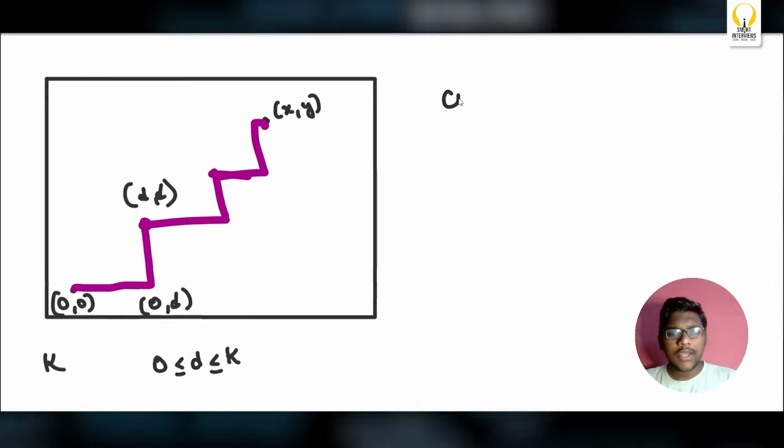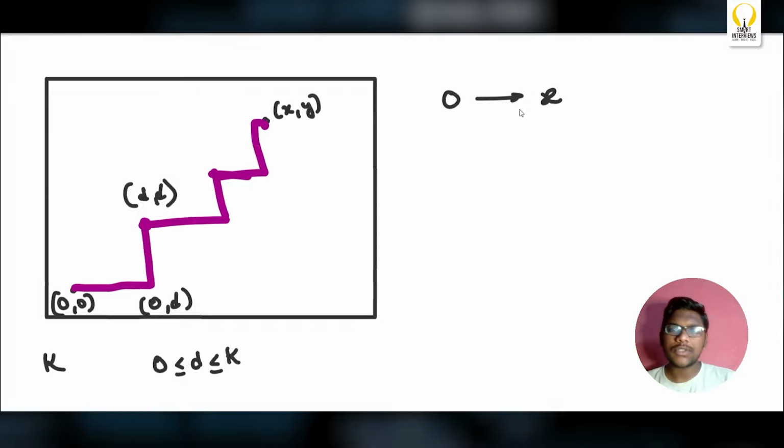Okay, you're at 0, and if you want to reach x by choosing d, obviously this is more like some greedy approach. So what will you do?